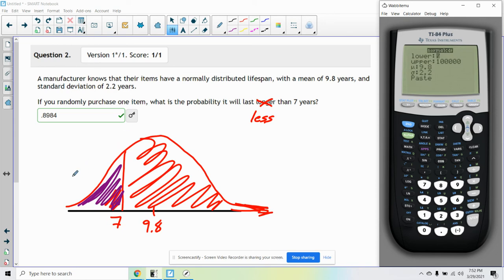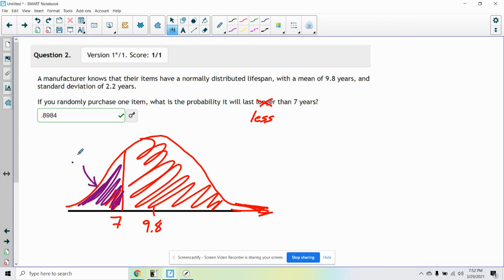Now my lower bound, there is no lower bound. So I'm just going to put a really, really large negative number, negative 100,000. My upper bound now is 7. Everything else is the same. Should make sense that this is the complement, so this would be 0.1016. Okay. And that's how you do these types of problems in the calculator.